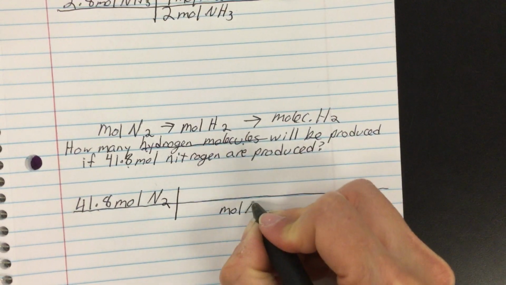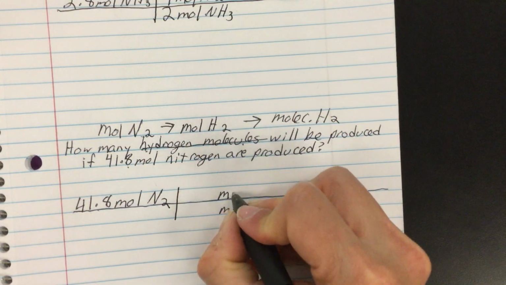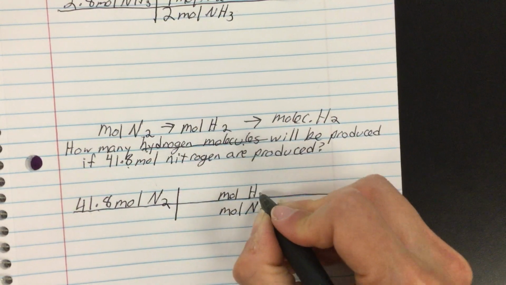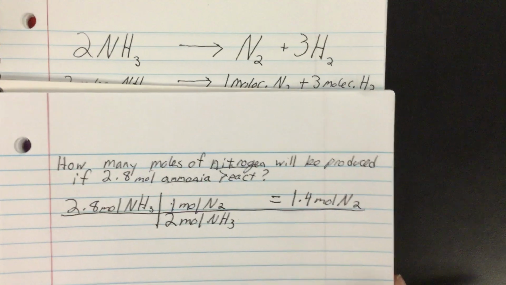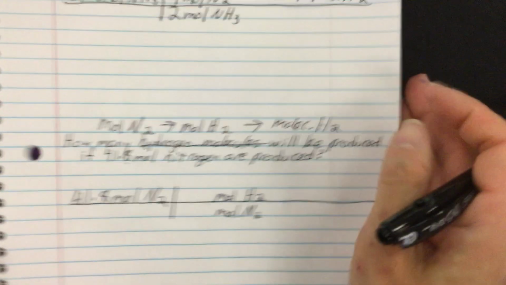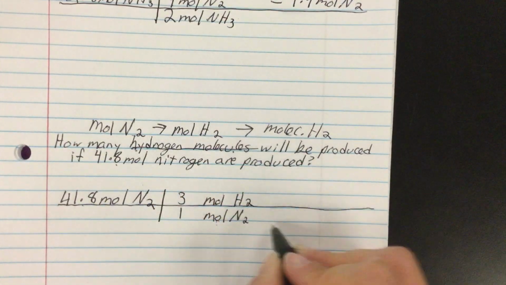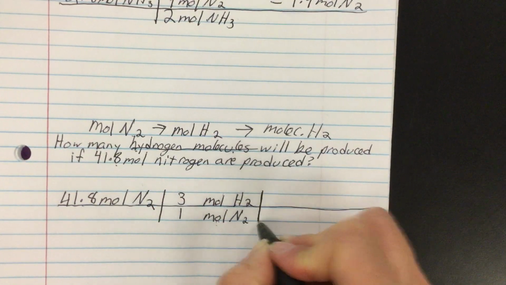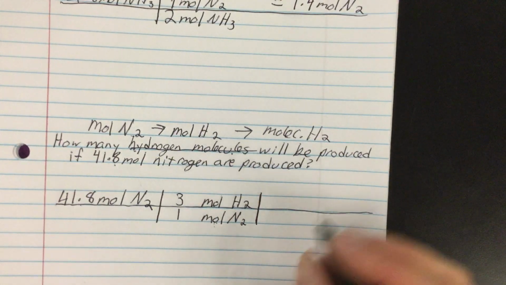Moles nitrogen, and I want to go to moles of hydrogen there. We're looking at a ratio of moles. That comes from our balanced chemical reaction. I have 1 mole of nitrogen for every 3 moles of hydrogen. So I can come in and put the numbers in, 1, 3. Then we're going to draw another one, and just keep going across with the same problem.